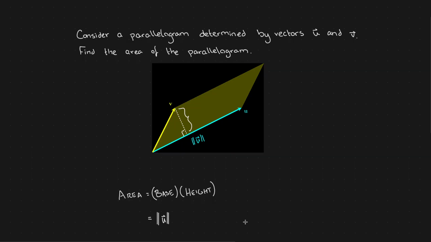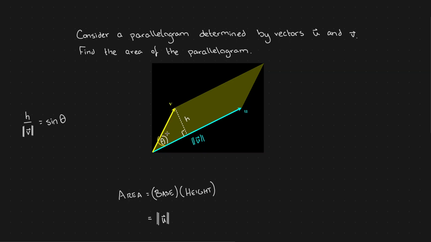Okay, and we could see that we have a right triangle here. So we could use some right triangle trigonometry to find the height of this side of the triangle, which will also be the height of the parallelogram. And so using a little trigonometry, I notice that the height here, let's call it h, over the hypotenuse, which is just how long vector v is, is equal to sine of theta.